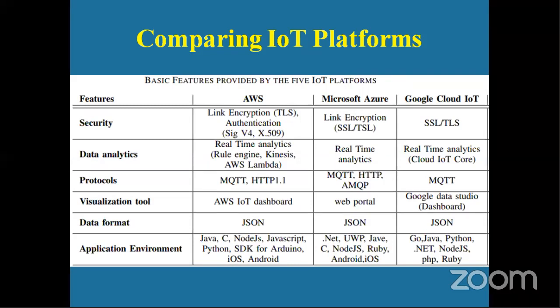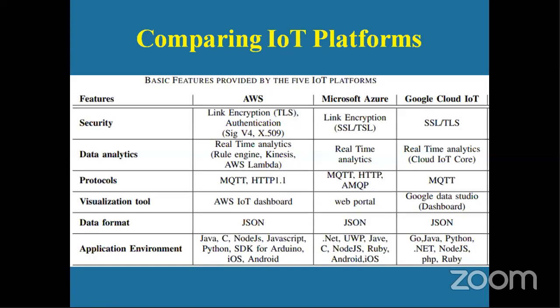We have AWS, Amazon's Web Services, then Microsoft Azure, then Google Cloud IoT. These are some of the players, and these are some comparisons. As far as security is concerned, all of them provide security and data analysis. The protocols they use are HTTP, MQTT, and so on. Of course, this had to be a part of the slide, so I put it. But normally developers like you and me don't look into the features provided by most of them.